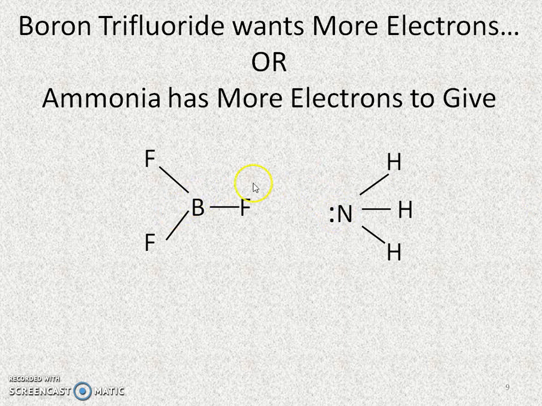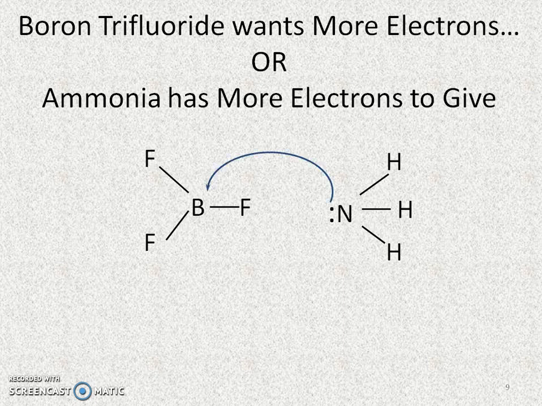Because when I look at these two things, it is very difficult for me to figure out which one is the acid, but I can look at the ammonia and know, oh yeah, I know ammonia is a base, and it's a base because it has these two electrons, the pair of electrons, that are going to be given away. So I always like to think of whatever compound is going to have more electrons to give is going to be the base, the Lewis base.